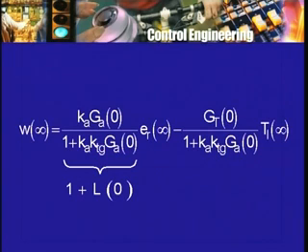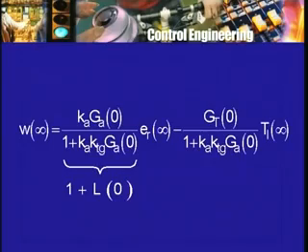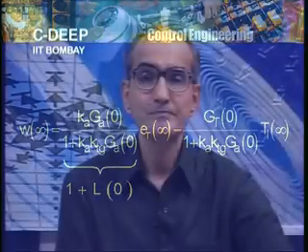The higher this loop gain is, the lesser will be the steady state error due to load torque changes. But to remind you once again, this L0 increase will go with a worse performance in the transient state, that is, as the speed changes from an original value to a new final value.